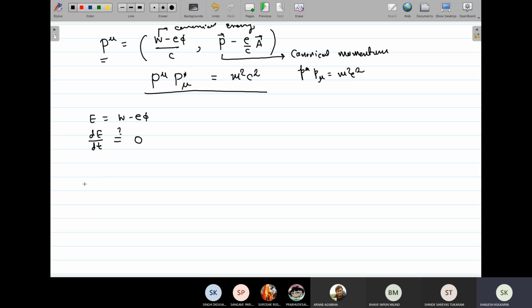Just use your physics. I have a charged particle moving in an electromagnetic field, and you should know what this E is, and I just explained what this E is, and I'm taking its time derivative. Will I get 0 or not? Any answer?